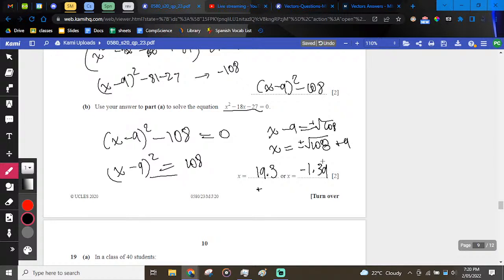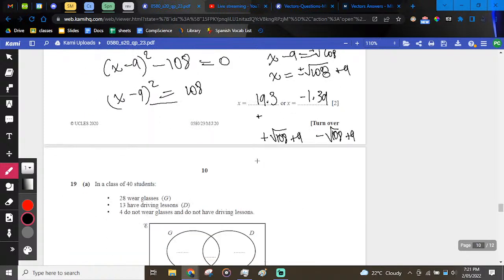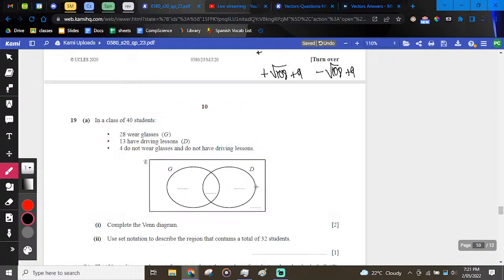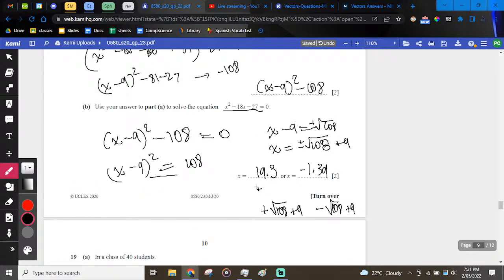First I got the positive value of the square root of 108 and added 9 to it. Then I took the negative value of the square root of 108 and also added 9 to it to get these. Cool, very cool. I need to remember this when you have this stuff happening.